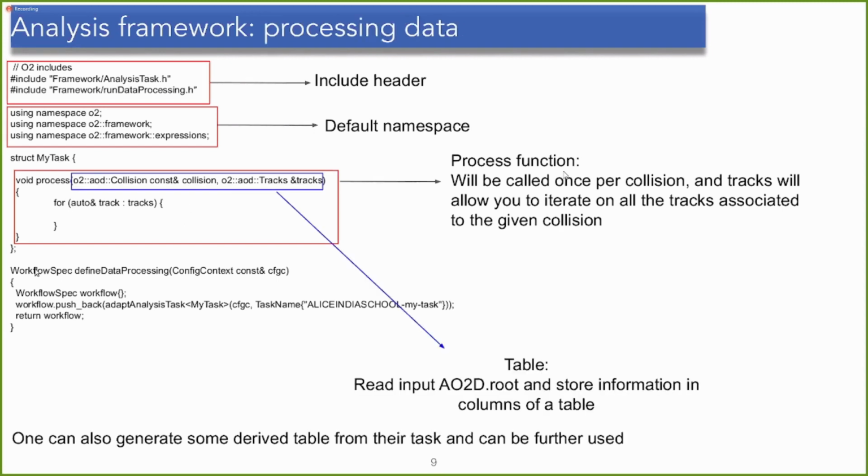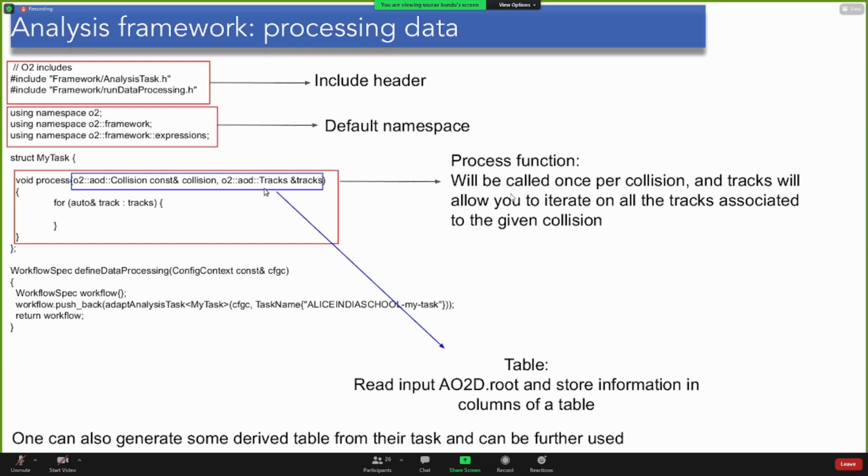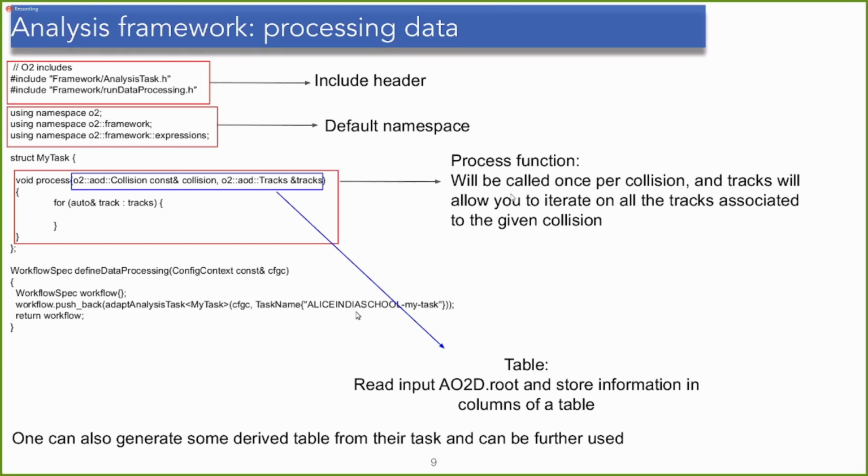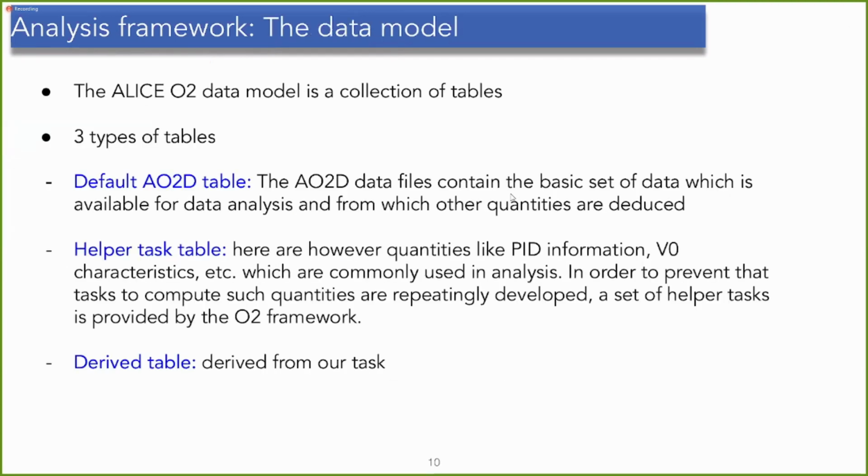Now, as I mentioned, this O2 AOD collision and this O2 AOD tracks are basically tables. And these tables are made by reading the AO2D.root data. So basically we read this AO2D.root data and store this information in some columns of a table. Now, in the O2 framework, we basically have three types of table.